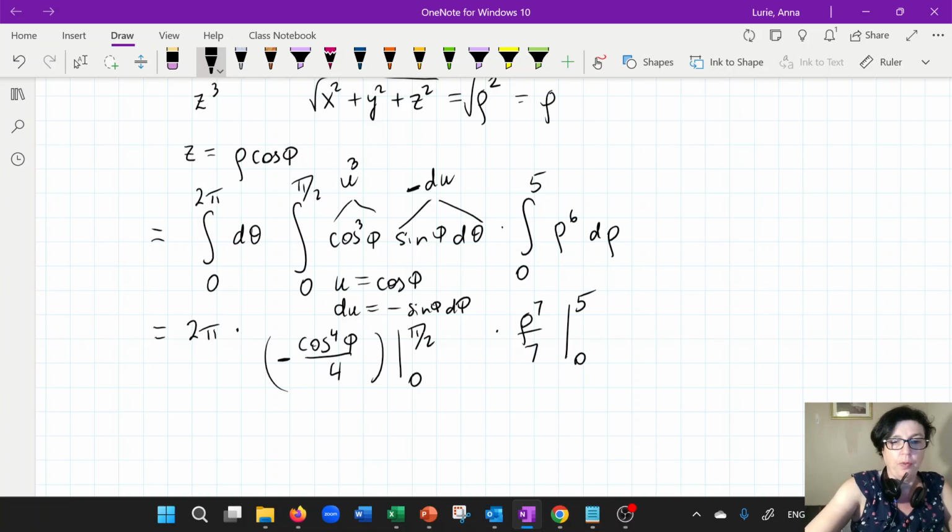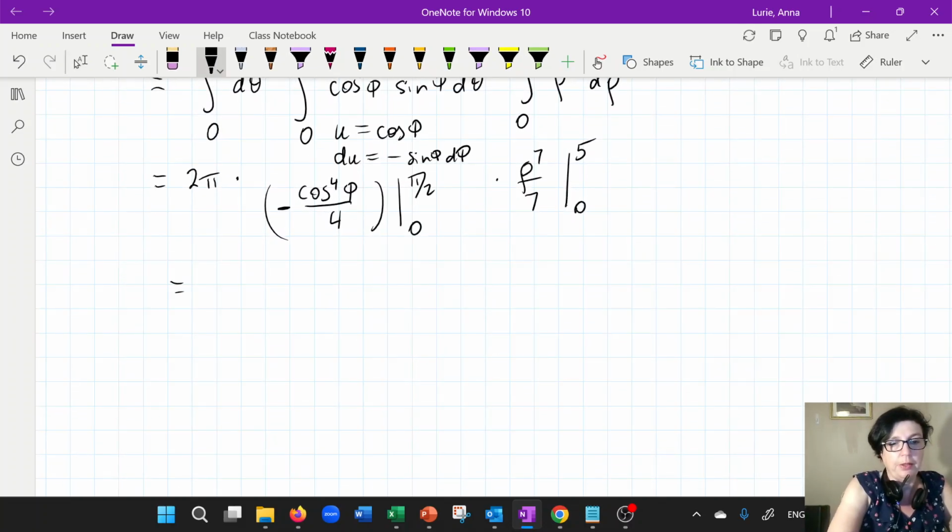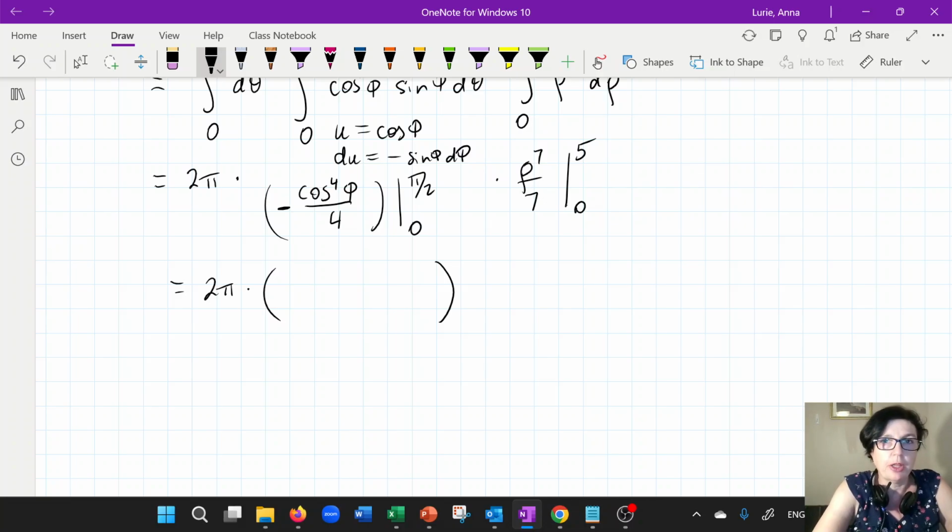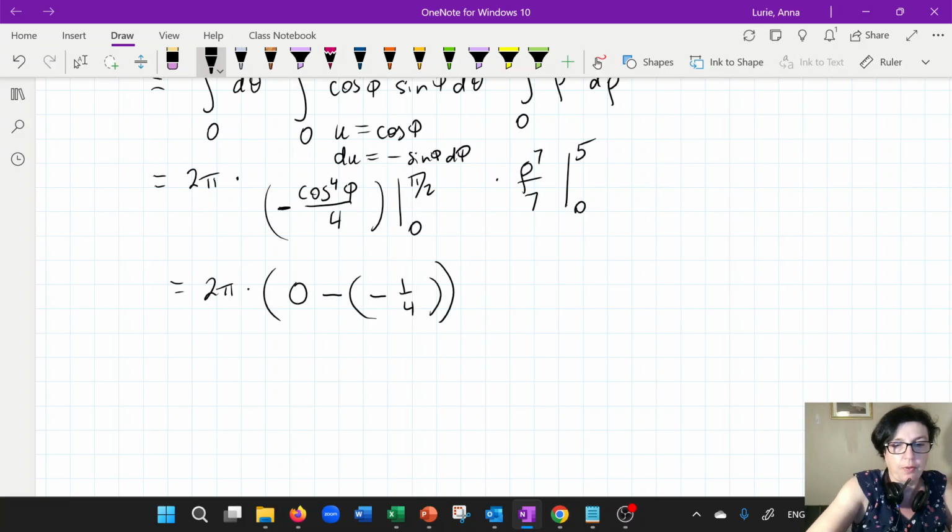Okay, so with that said, let's see what the final answer is. This will be 2 pi. Let's first substitute pi over 2. You should know that cosine of pi over 2 is 0, so that'll give me 0. Then I'm going to substitute 0. When you substitute 0 into cosine, that's 1, and that's going to be negative 1/4 because there was a negative over here.